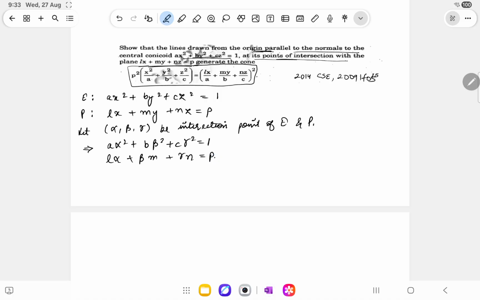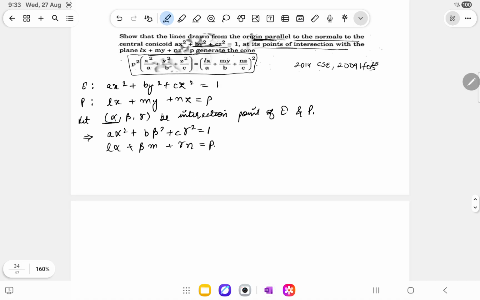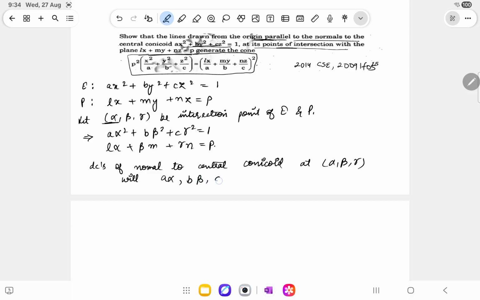So the question says the equation of the line is drawn from origin and parallel to the normal to the central conicoid at the intersection point. The direction ratios of the normal to the central conicoid at this point alpha, beta, gamma will be basically a alpha, b beta and c gamma.